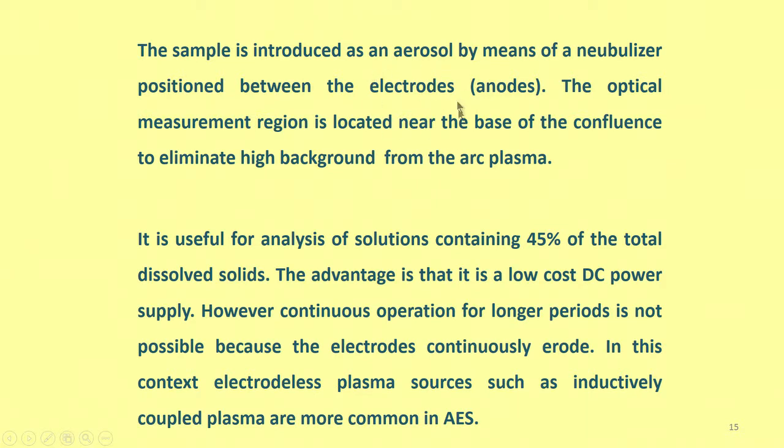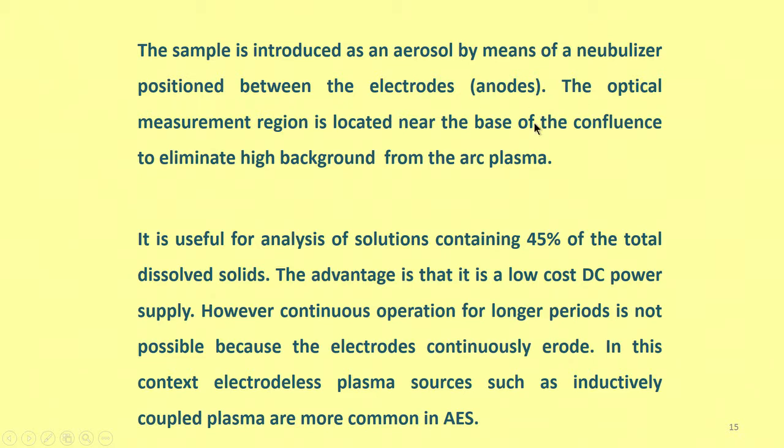That means, the electrodes are anodes and cathodes, and gas is there, that is argon, and then the sample is there in the form of vapor or aerosol containing liquid, very small droplets. It will be like a mist or a fog, very simple definition. So, the optical measurement region is located across the base of the confluence. Two electrodes are there, gas is there. So, I need a detector and a radiation source, both of them on each side.